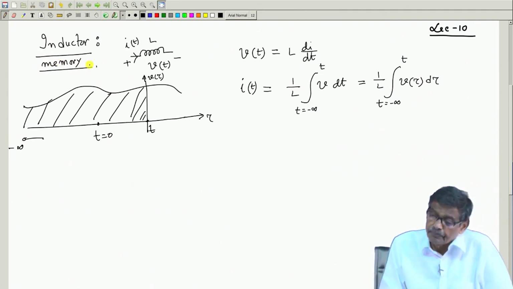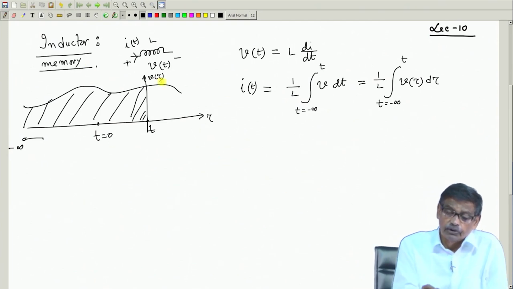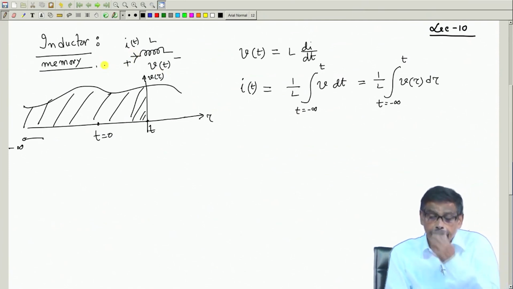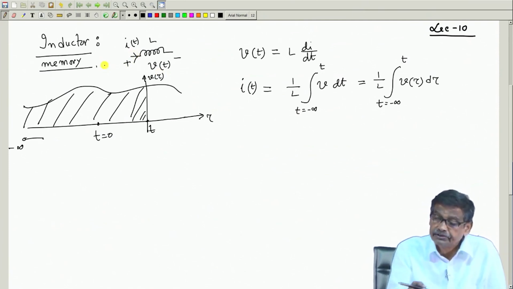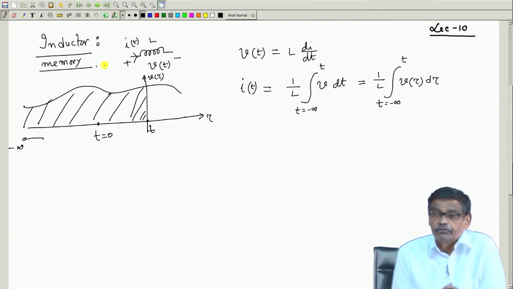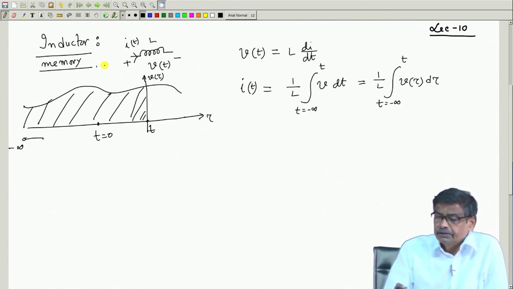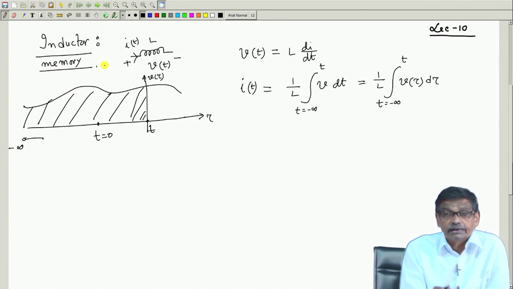Now, this input voltage across the inductor, V(t), is the applied voltage, and the current is the consequence. These are the relationships in differential form and in integral form. Naturally, the question is how, to find the current at time t, you require all the previous voltages.